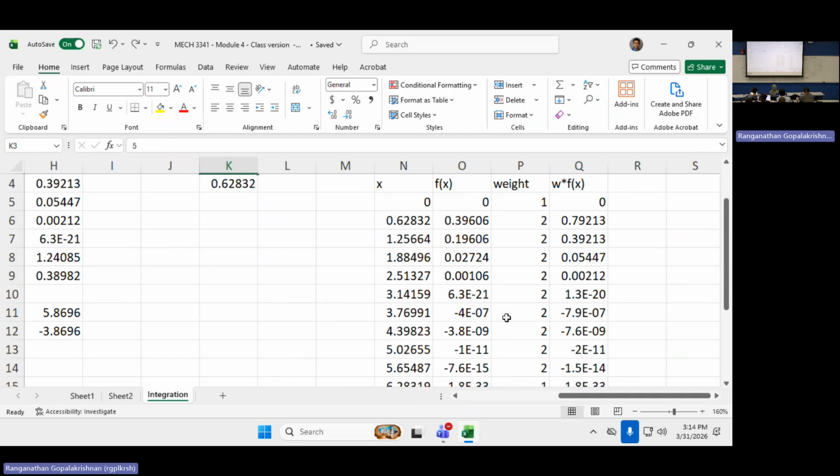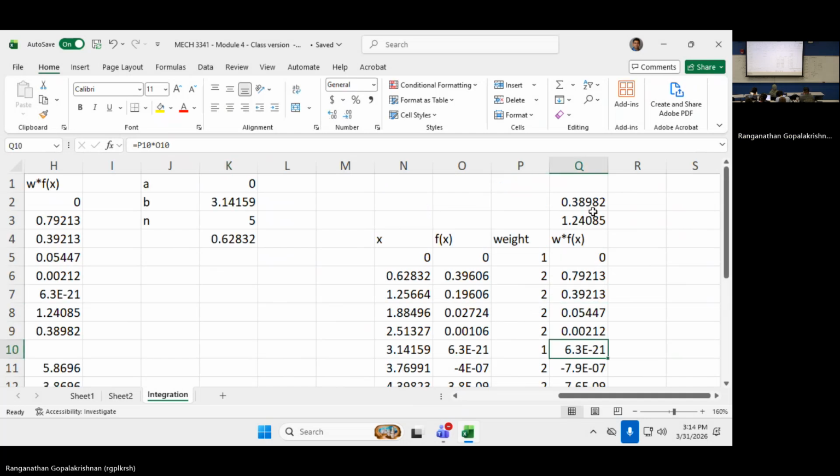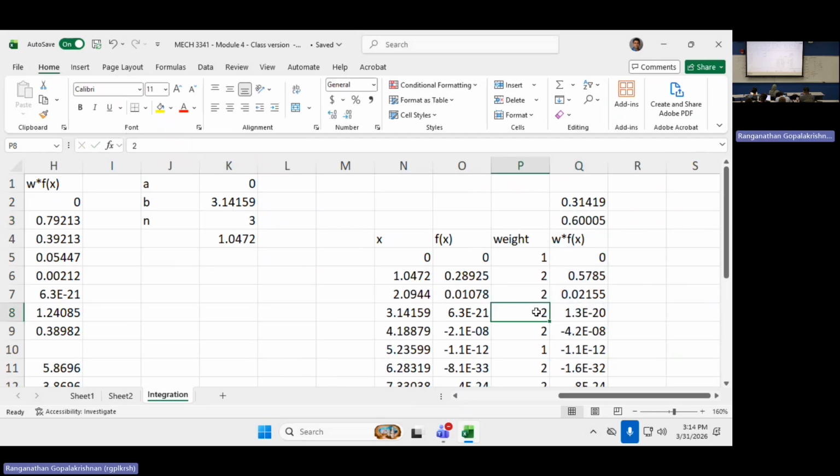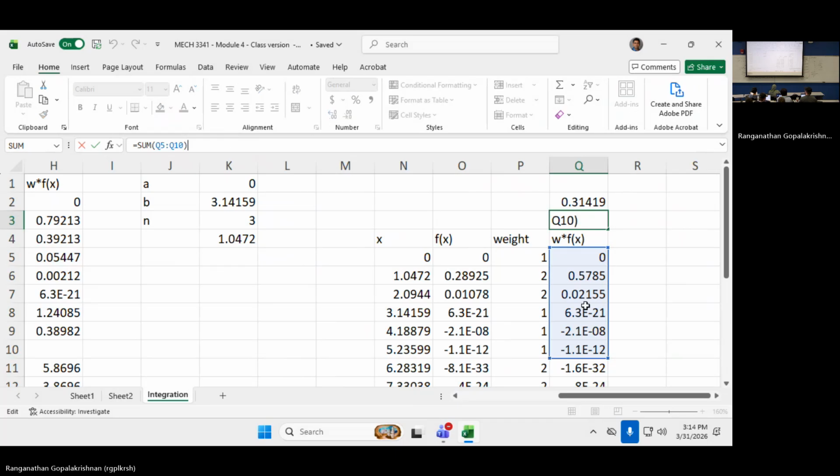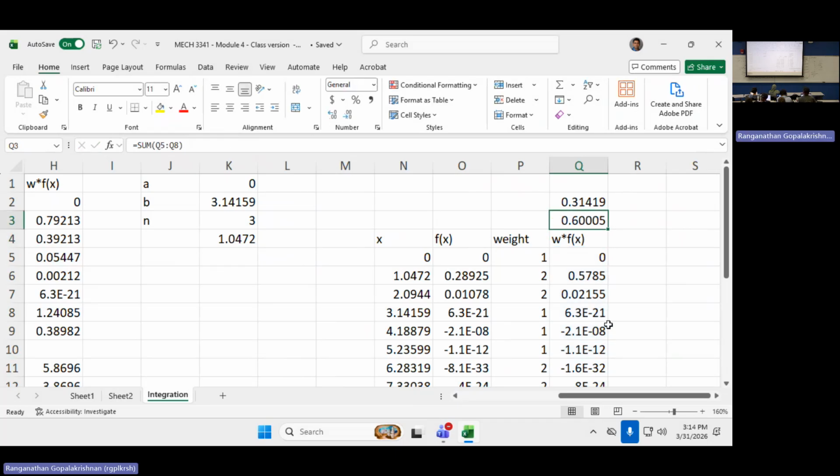So if I do 5 segments, I have to do this. Okay, and if I do 3 segments, I have to do this. I have to sum only up to here. Just making sure before I draw conclusions from there. 0.3141. So we are good up to here.